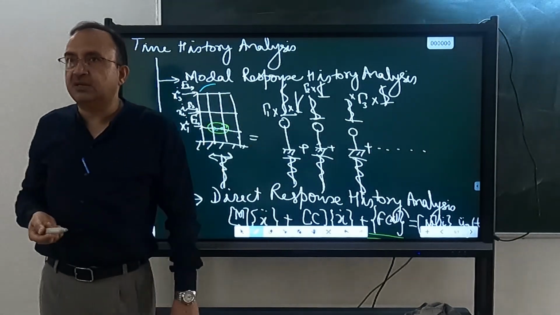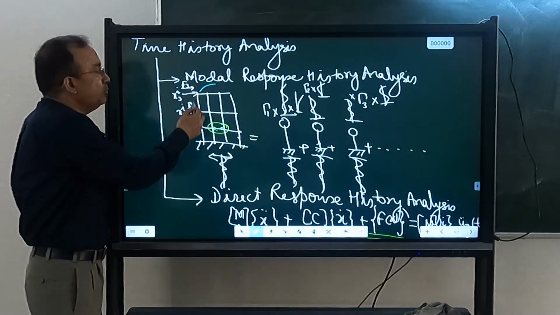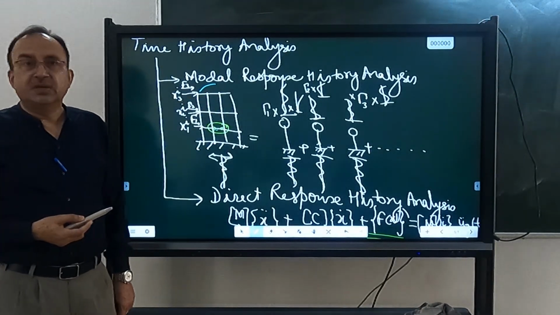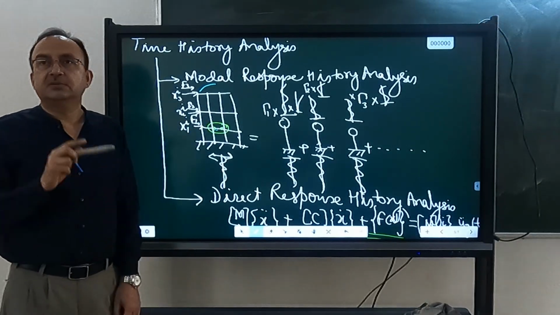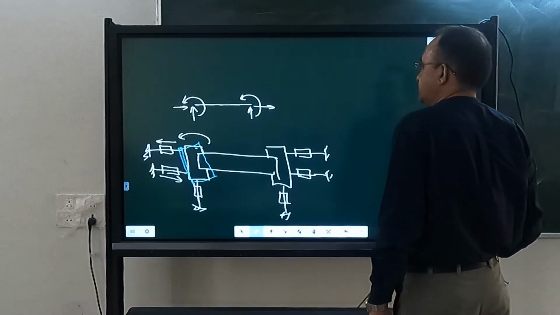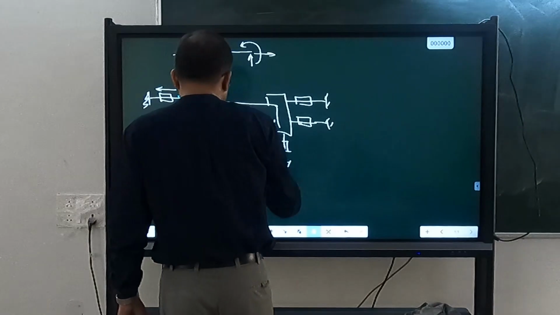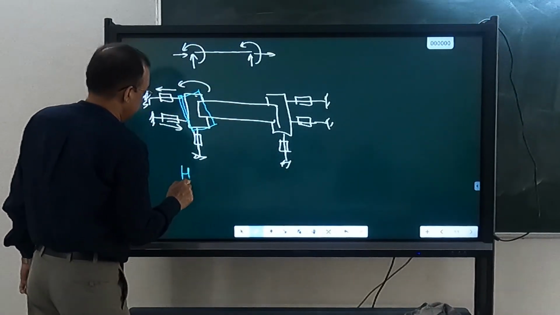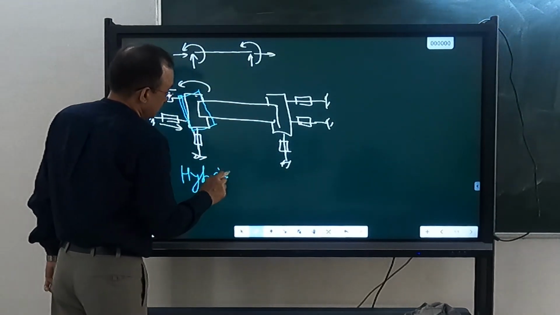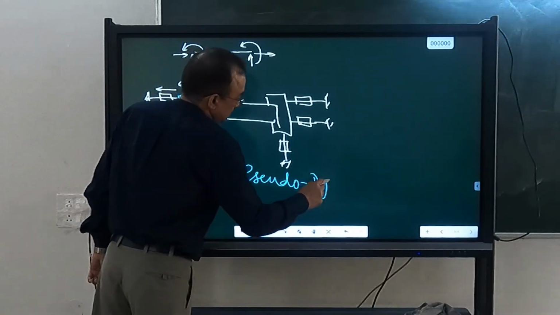There is a substructuring method in advances. I will do substructuring. The rest of the structure will be a numerical substructure, and for this element I will get feedback from the experiment. Okay, so I can do that testing. Then this will be called hybrid pseudodynamics.